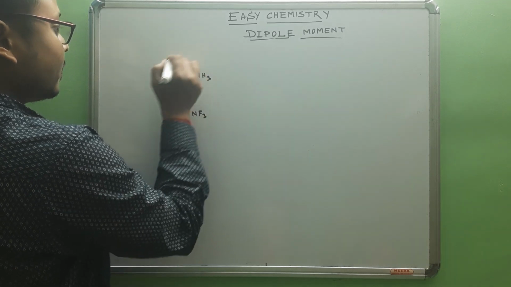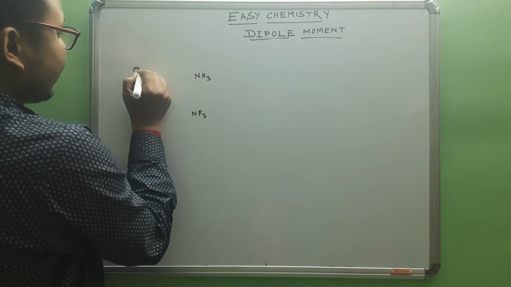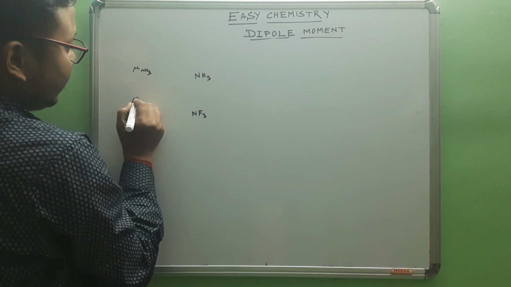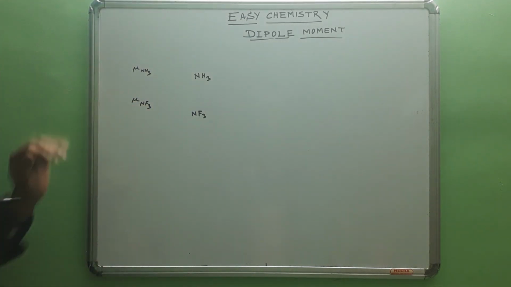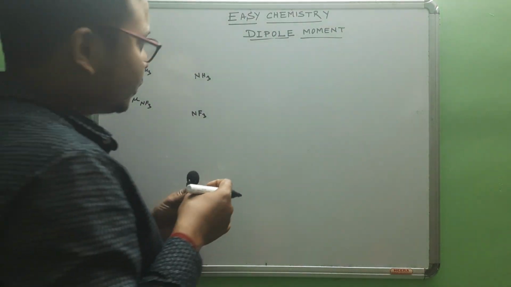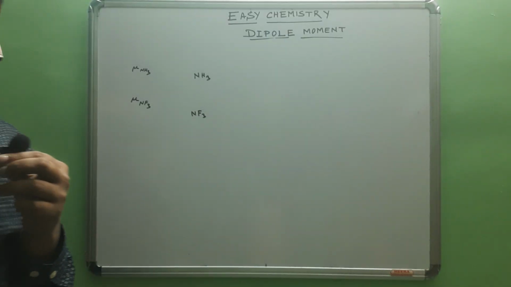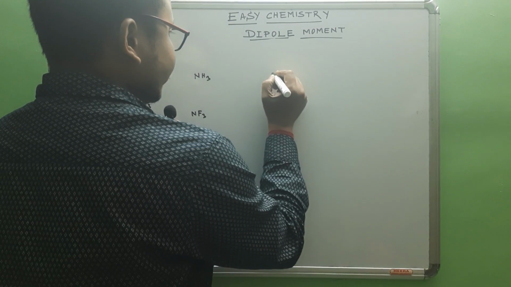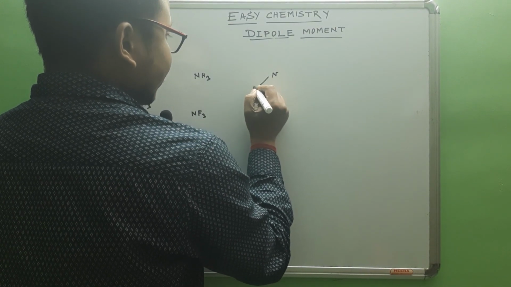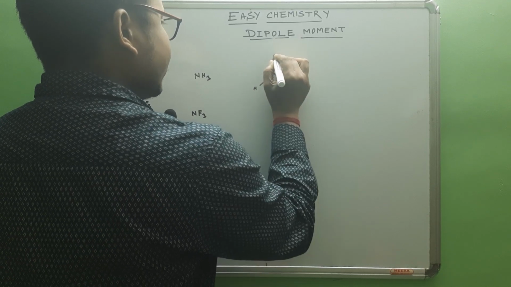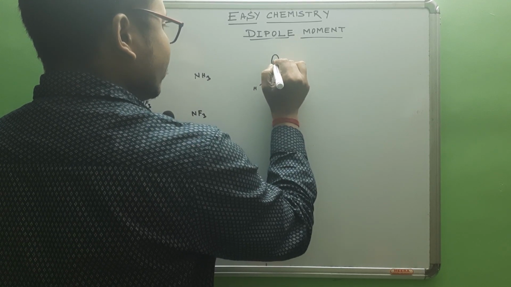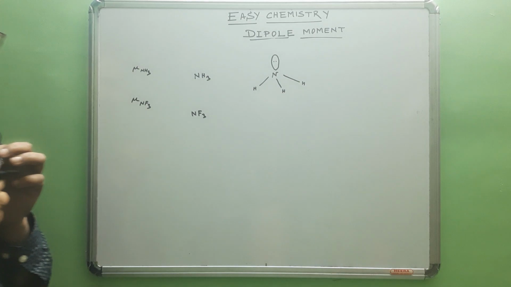So mu NH3 and mu NF3, which one is greater? The structure of NH3, we all know, is tetrahedral. So here hydrogen, hydrogen, hydrogen, and this is the lone pair. This is the lone pair housed in an sp3 orbital.